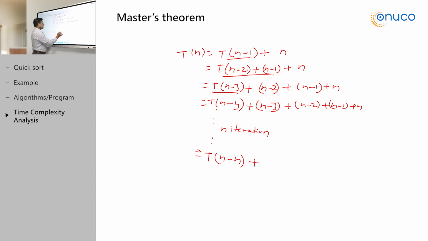So, similarly we will be getting 1 plus 2 plus 3 and so on, up to n minus 2 plus n minus 1 plus n.